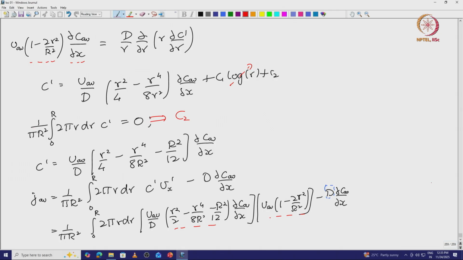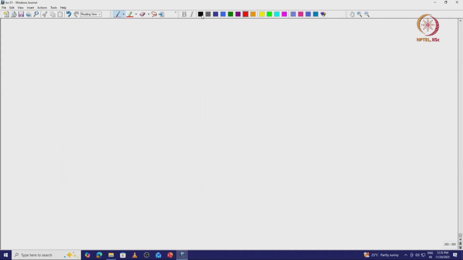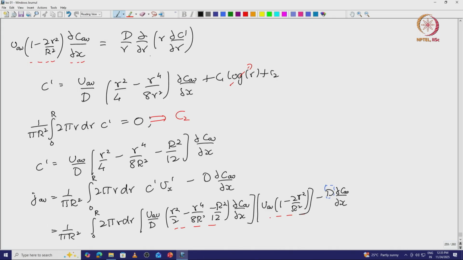And finally, I will get the expression as J average is equal to minus V average square R square by 48 D partial C average by partial x. That is obtained by doing this integral.